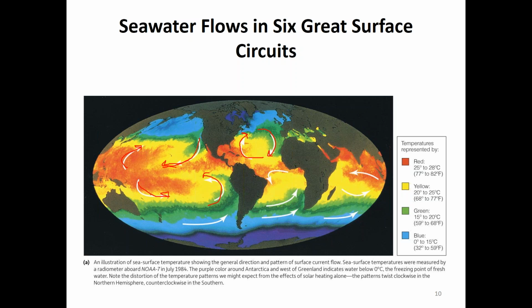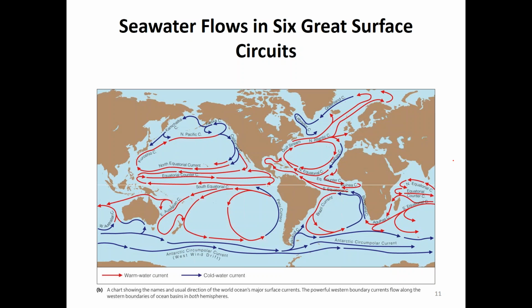This is because the Coriolis effect deflects the path of moving water or air to the right in the northern hemisphere and to the left in the southern hemisphere. So this is one way we can observe that circulation in the ocean: by seeing how the heat moves in the surface of Earth's ocean.